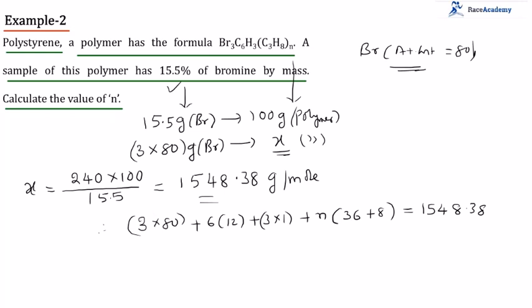So this is 240, this total is 75. So 240 plus 75 is 315. So 36 plus 8 is 44, so 44n.